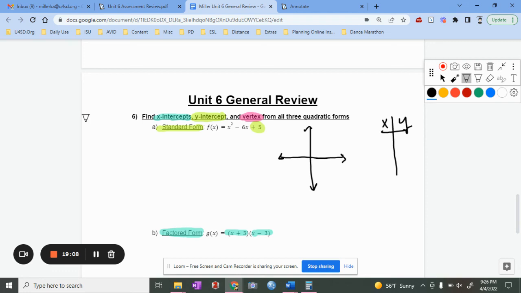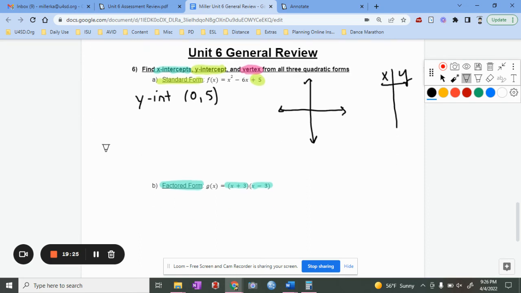So here we know our y-intercept right away is at 0, 5. So if I graph this, I know that 0, 5 is going to be on my graph.